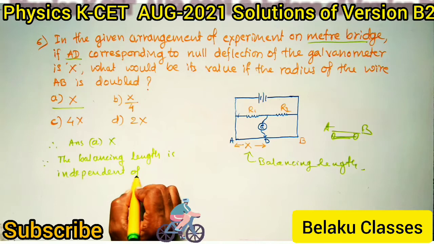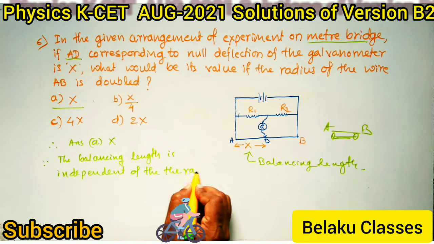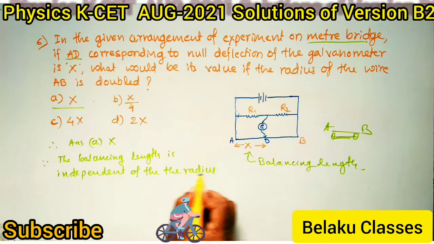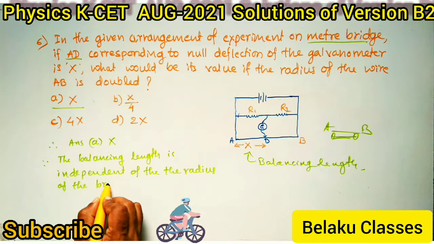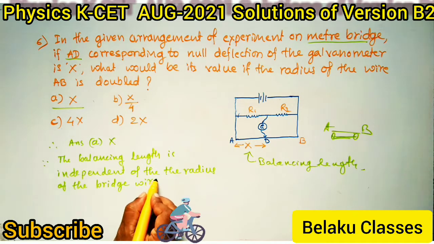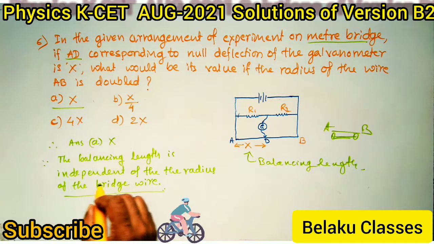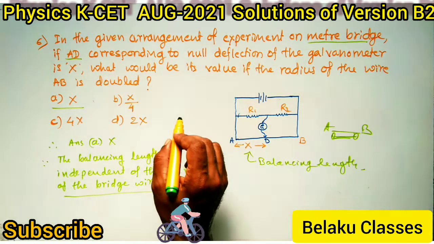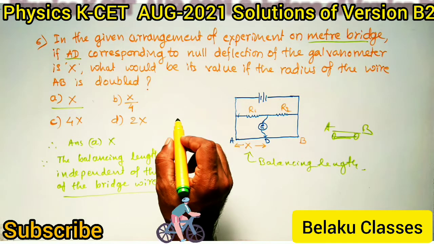Reason is the balancing length is independent of the radius of the bridge wire.